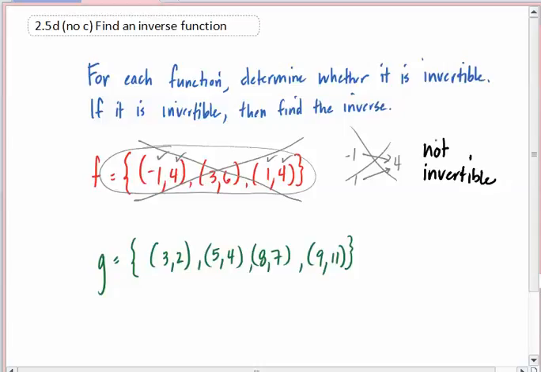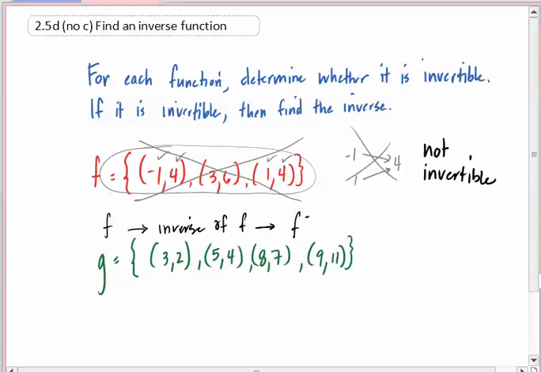It's not invertible. Okay? Now, before we get too much further, I do want to explain some notation with which you need to be familiar. If I have the function f and I have its inverse, the inverse of function f is written this way.